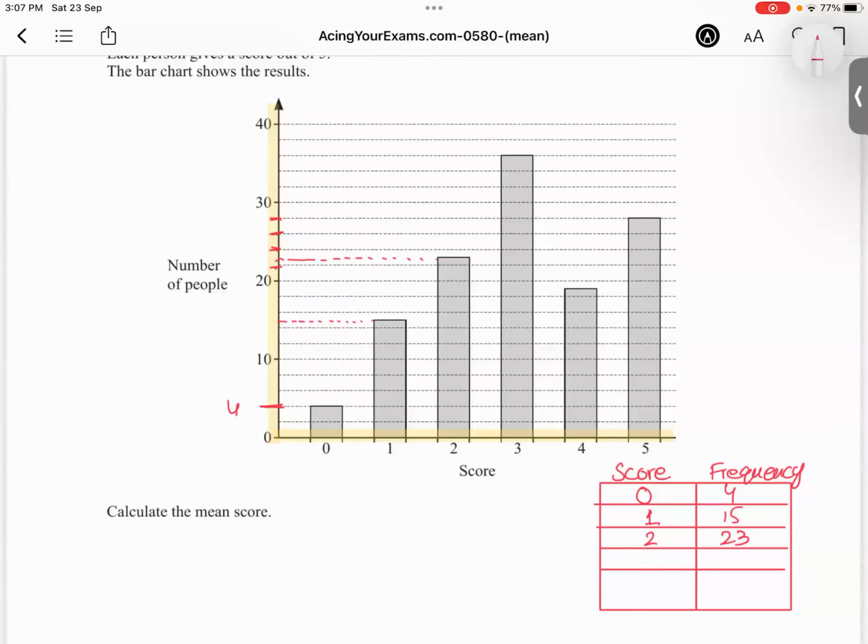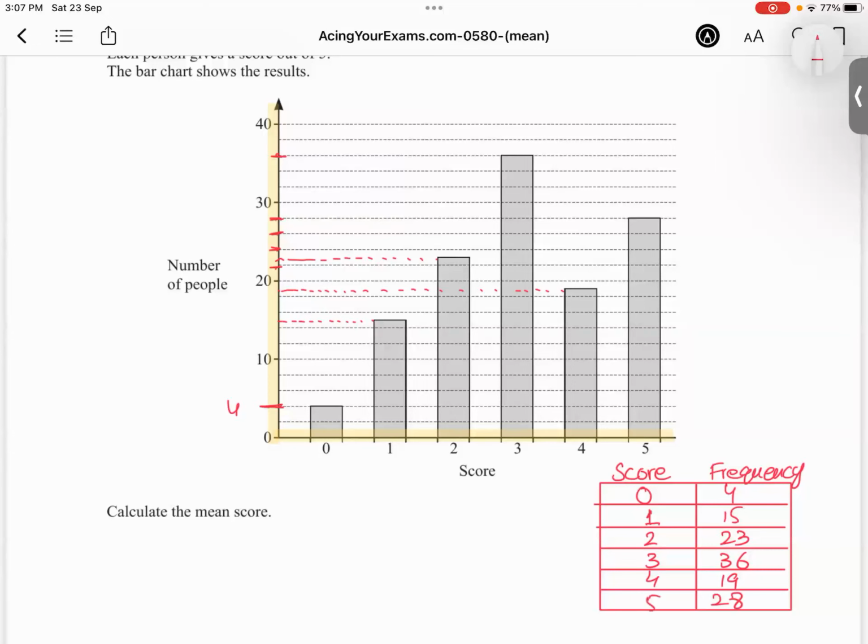Okay, 3 is scored by this many people. So that is 36. Okay, 4 is this one. That is 19. And the fifth one is right here. So that is 28.